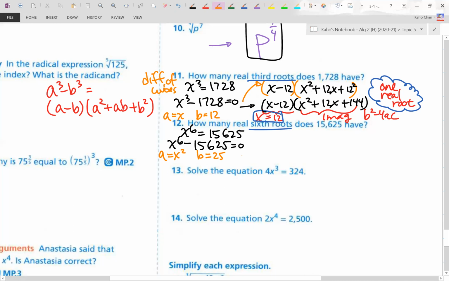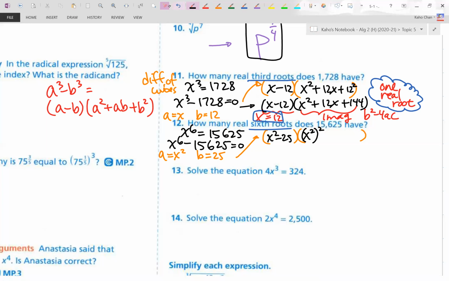Excuse me. Okay, using that formula, let's do it. This gives me some big numbers. I don't think you'll expect to see something like this on a test or a final, but this is pretty nuts. X squared minus 25 times x squared squared is x to the 4th eventually, plus 25x squared, plus 25 squared.